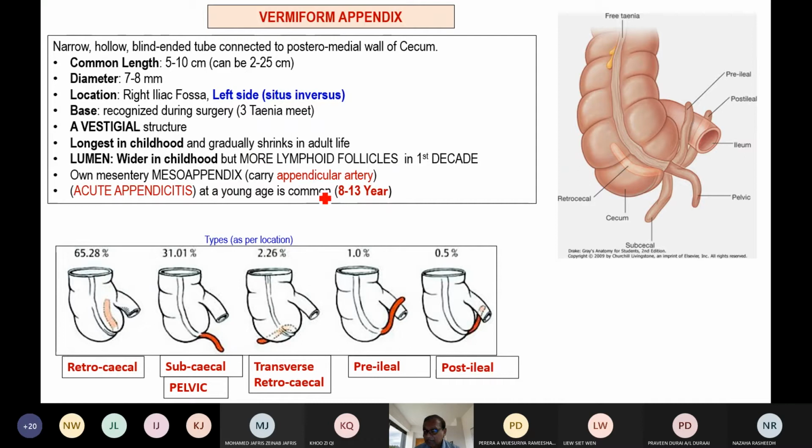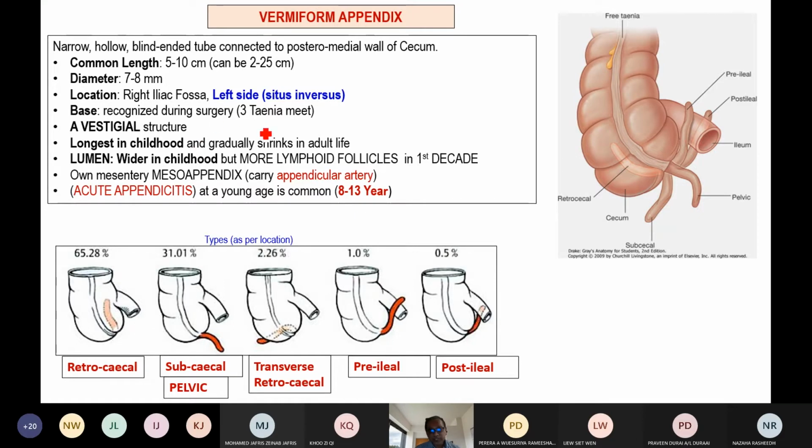Situs inversus is a congenital abnormality. The heart, instead of the left side, lies on the right side. The appendix, instead of the right iliac fossa, lies in the left iliac fossa. The liver, instead of the right hypochondrium, lies in the left hypochondrium. So this is called situs inversus.